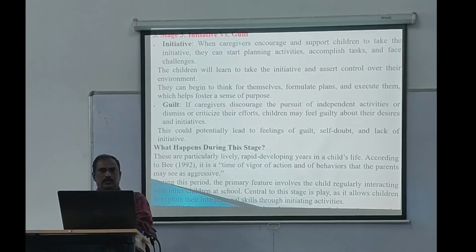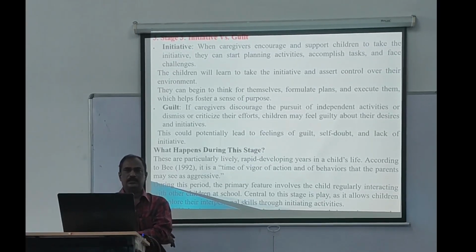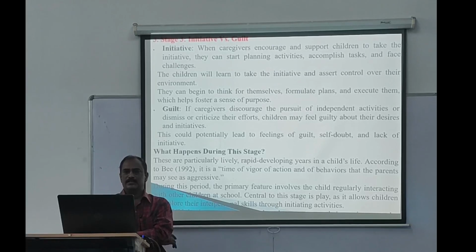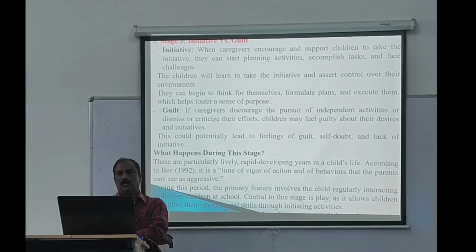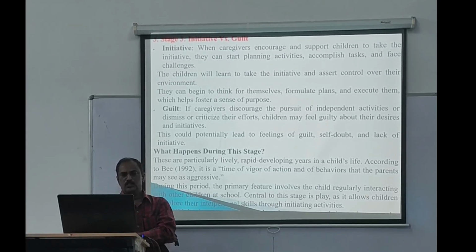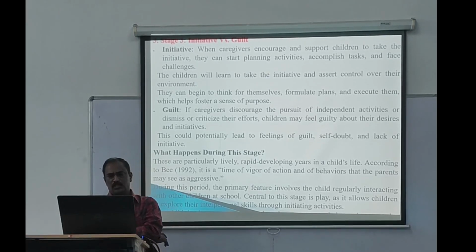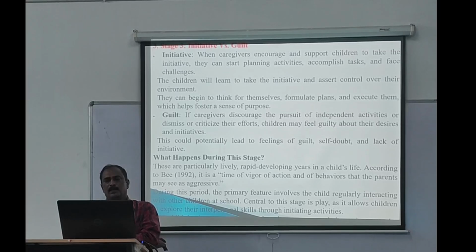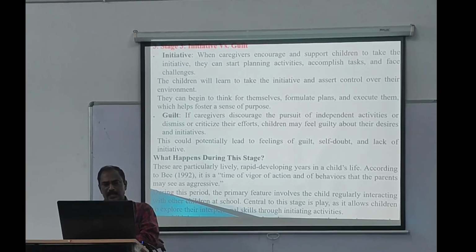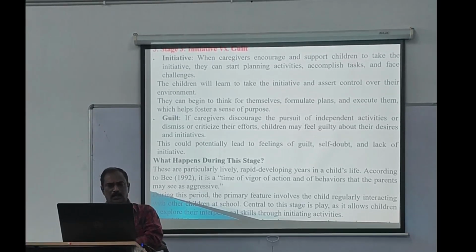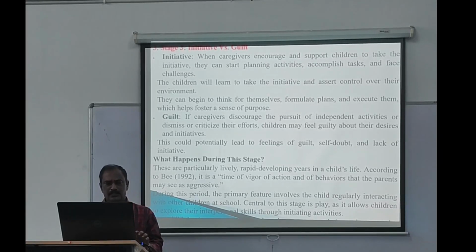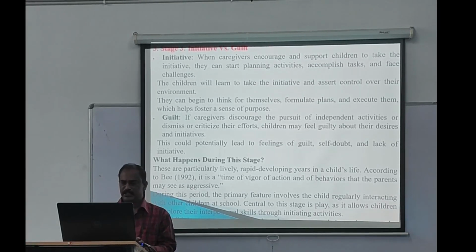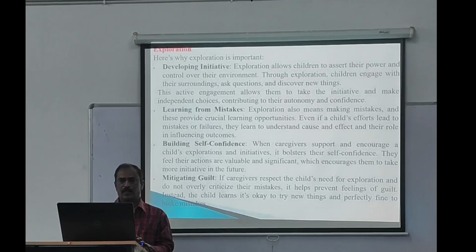So in this stage, what the child does appears aggressive to the parents. So parents criticize. During this period, the primary feature involves the child regularly interacting with other children at school. Central to this stage is play, as it allows children to explore their interpersonal skills through initiating activities.